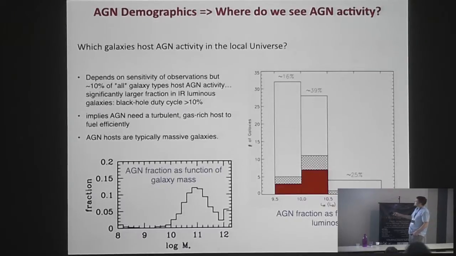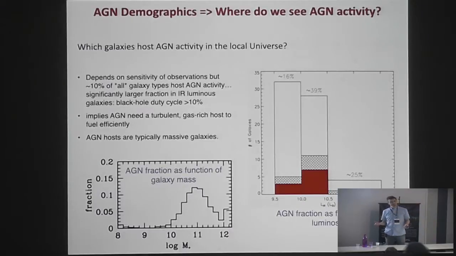A little bit lower here, but this is probably biased by obscuration, so you may actually have a pretty large fraction. And then as you go down to lower infrared luminosity, these typically also are lower mass. You don't see many AGN at all.